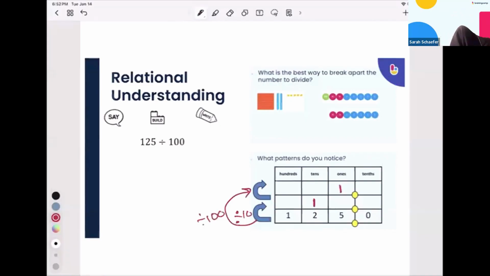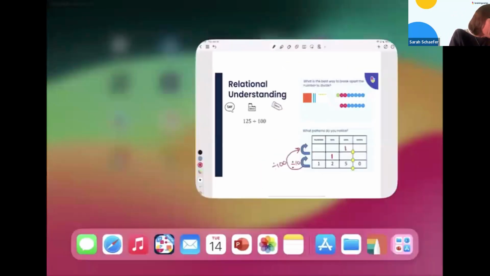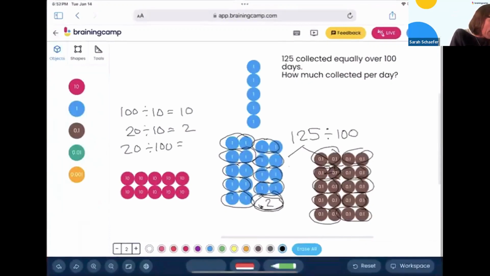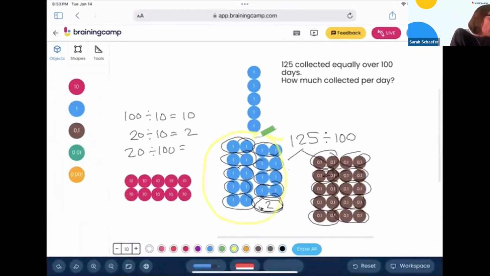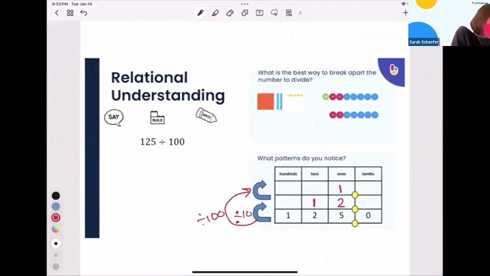And then that 2, what happened to that 2? When we took those 2 tens and put them into 10 groups, we got 2 in each group. And then that 5, what happened to it?